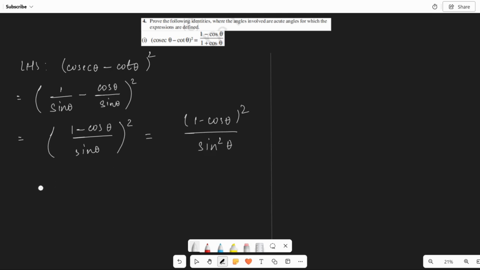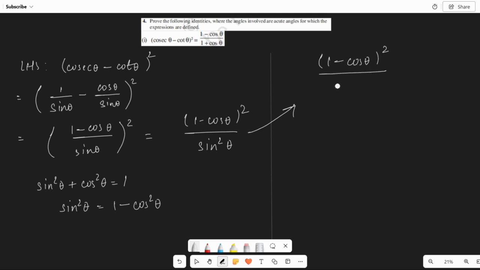Now as we know the identity, sine square theta plus cos square theta is equal to 1, so sine square theta can also be written as 1 minus cos square theta. So this becomes (1 minus cos theta) whole square by (1 minus cos square theta).